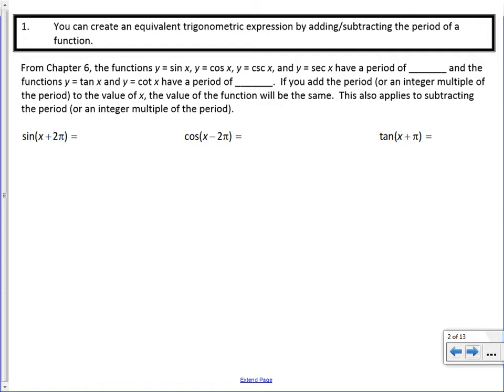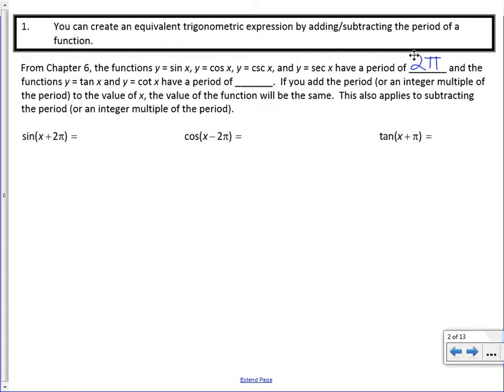You can create an equivalent trigonometric expression by adding or subtracting the period of a function. So, from chapter 6, or the last unit, unit 4, the functions y equals sine x, y equals cosine x, y equals cosecant x, and y equals secant x all had a period of what? 2 pi.